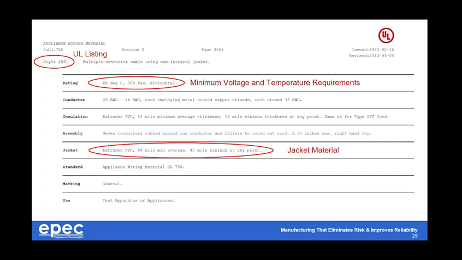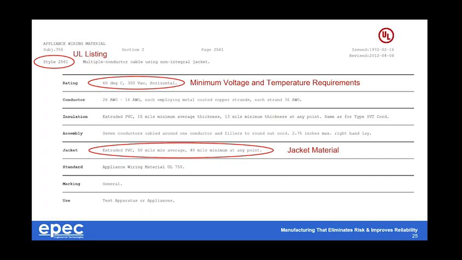All of this has to be done with an extruded PVC jacket with the thickness defined here between 40 and 50 mils. But it's important here to know that you can use this wire in an application that may be higher temperature or higher voltage, given that we know some of these PVC wires can survive 80 degrees C, even 105 degrees C. So depending on what you're trying to do, it may be appropriate to use an ordinary UL wire in a situation that surpasses that industry standard that UL has called out here.